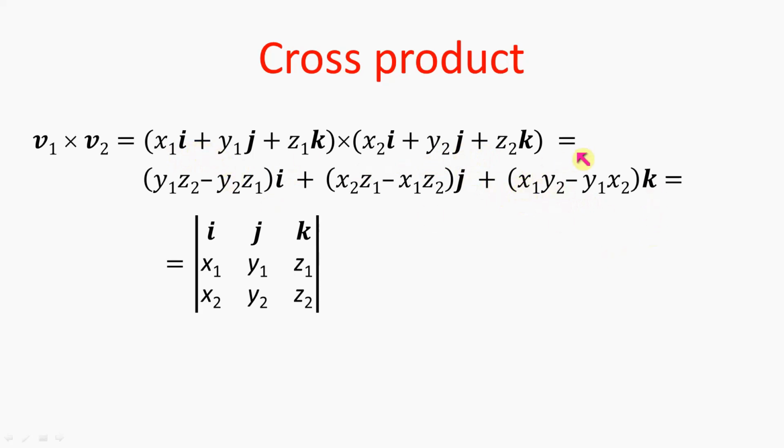And if we continue this and consider all the possible terms, we obtain this nice expression, which can be remembered as a determinant, where the first row contains the i, j, k basis vectors, the second row the 3 Cartesian coordinates of the first vector, and the third row the 3 Cartesian coordinates of the second vector.